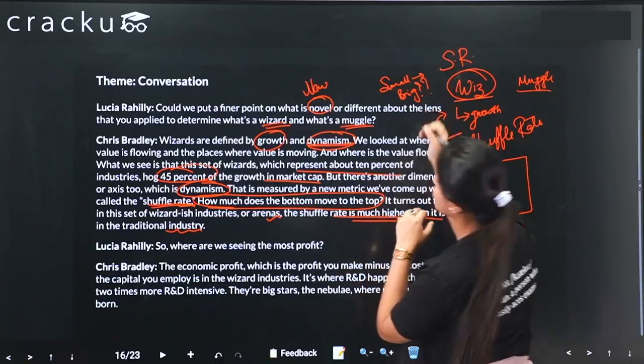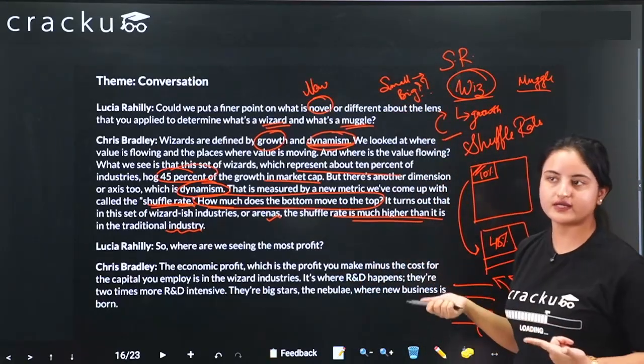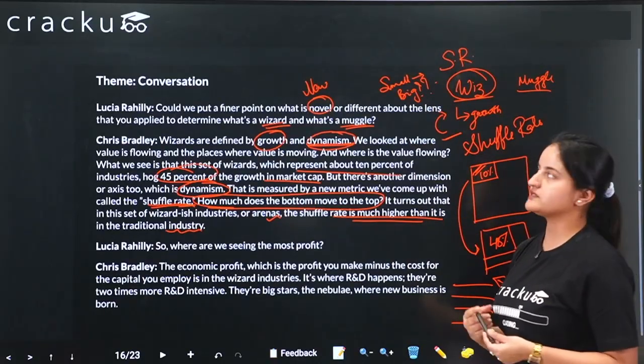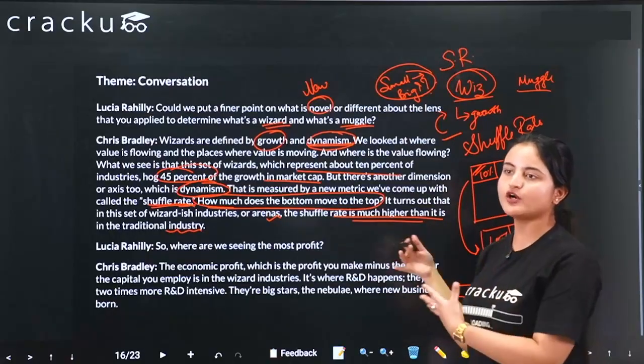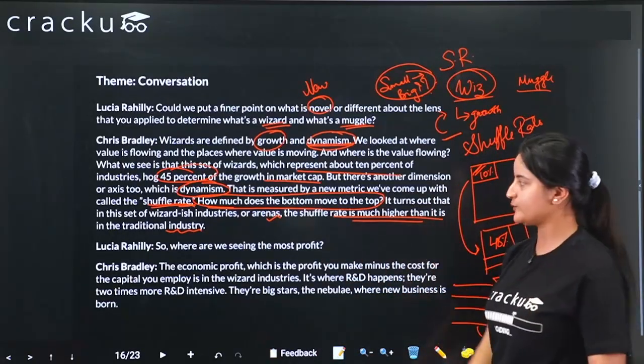It can become big very quickly as compared to traditional industries. So that is also one of the big differences, that they can become from small to big much faster than traditional ones. So this is what we know.